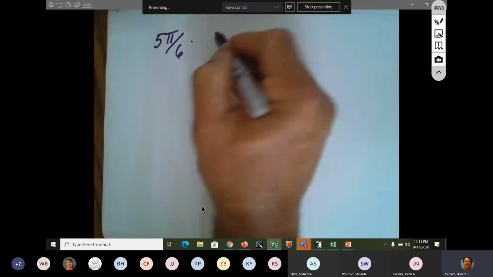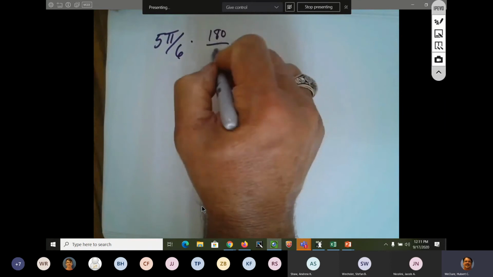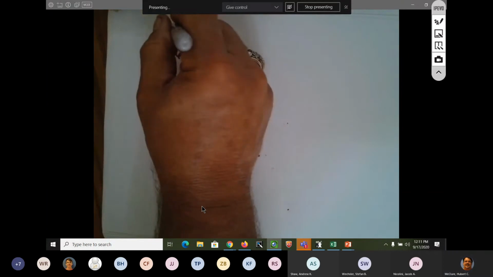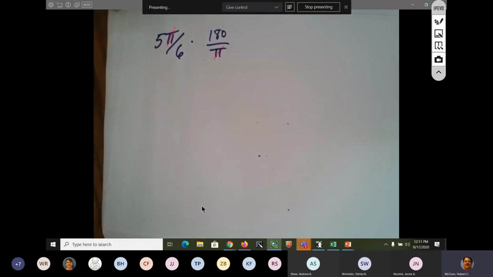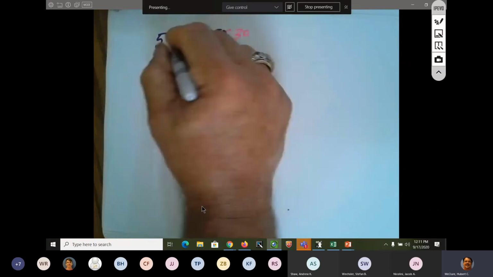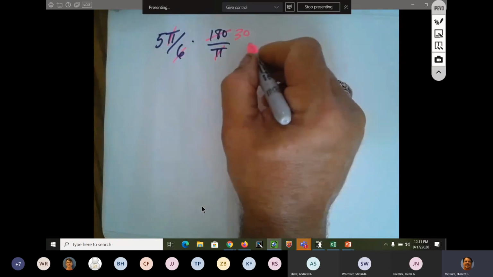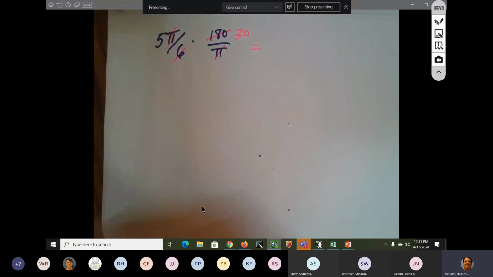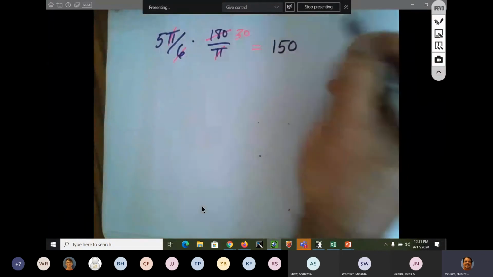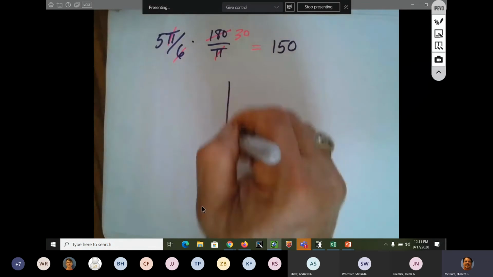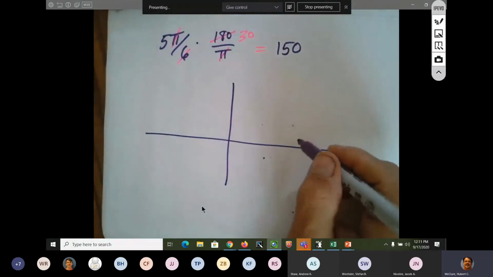Well, then you change it by multiplying by 180 over pi. And of course, the pi's cancel. 6 will go into 180 30 times, and 30 times 5 is 150. So you know that 5 pi over 6 is 150. So let's go with 150 degrees.